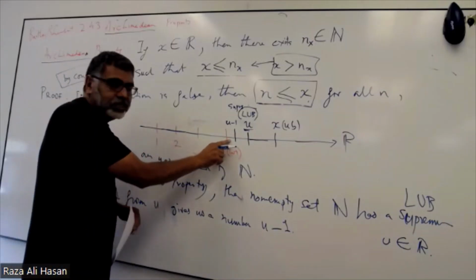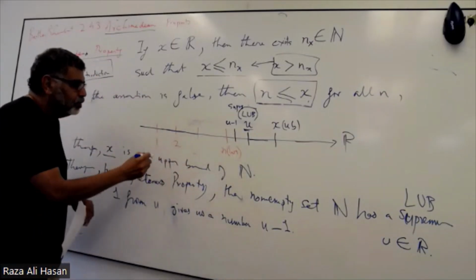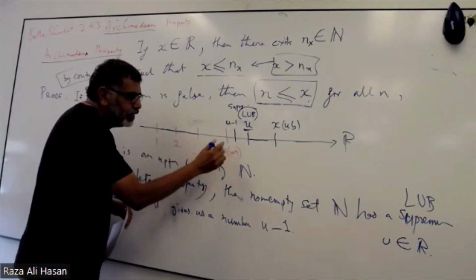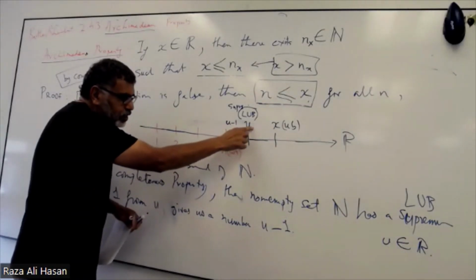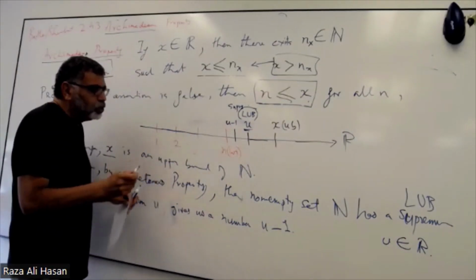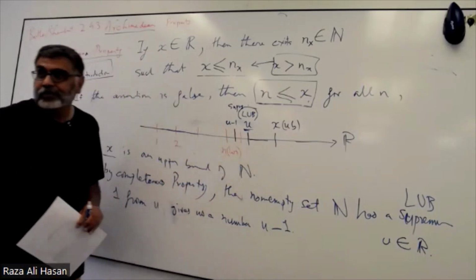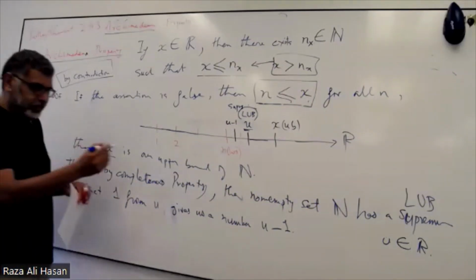If this real number is not an upper bound, and this is the least upper bound, which is an upper bound, that means there better be a natural number right here. Yes. Oh, why are you messing with me? Okay, so yes, that is true.